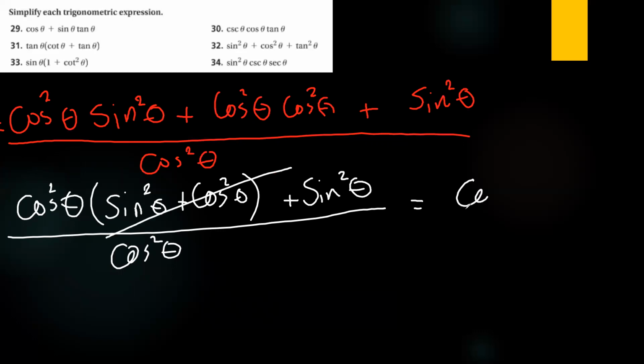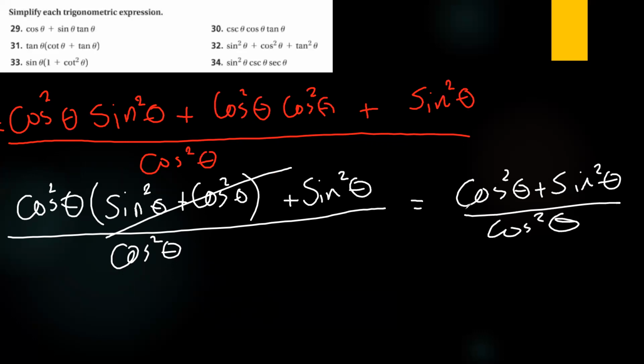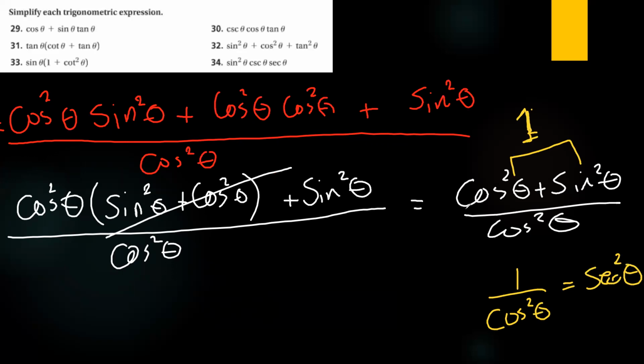So cosine squared plus sine squared over cosine squared. Then cosine squared and sine squared, they are 1 by the Pythagorean identity. So it comes like 1 over cosine squared, which is secant squared. This is how to do it.